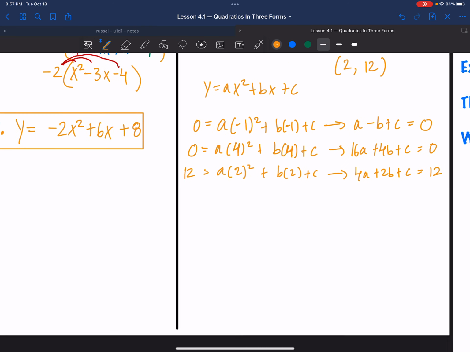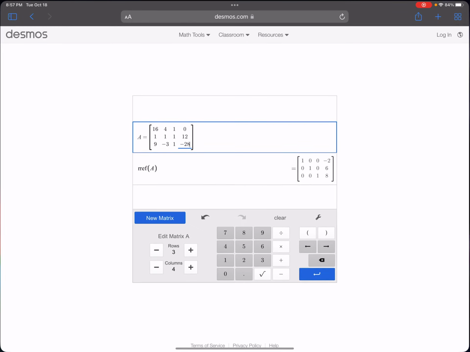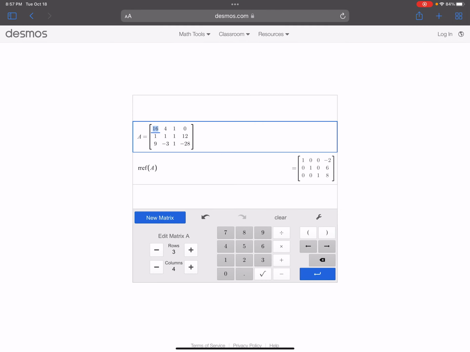There's your system, right? So make your matrix. 1, negative 1, 1, 0. 16, 4, 1, 0. 4, 2, 1, 12. There's my matrix. So let's go make that in Desmos. I believe it was 1, negative 1, 1, 0.